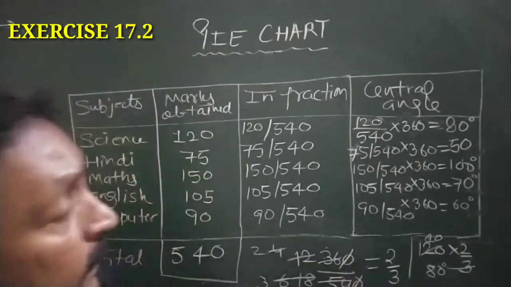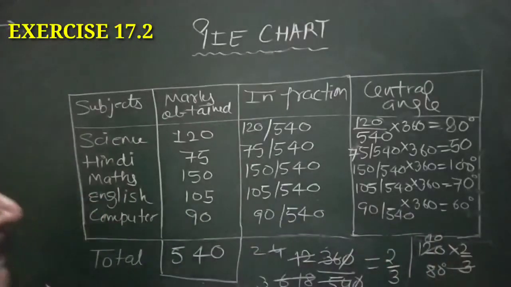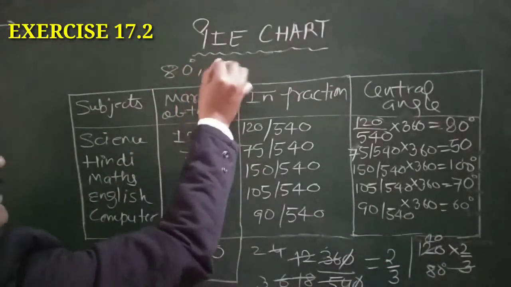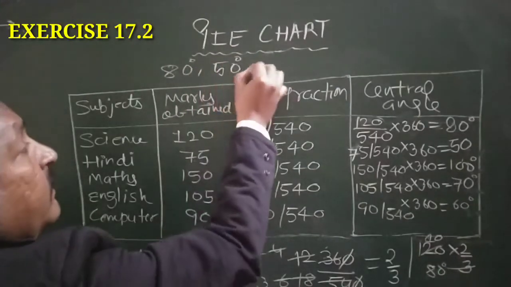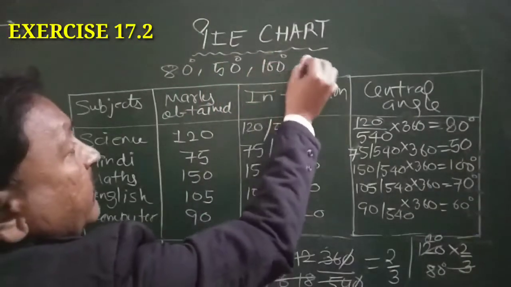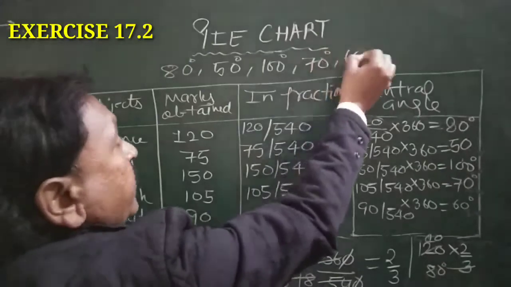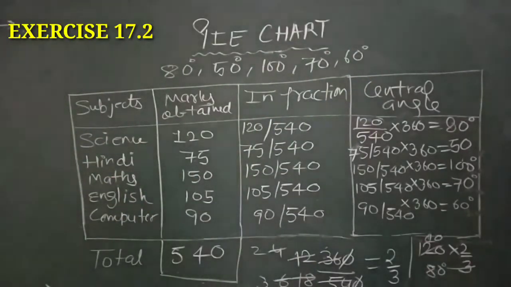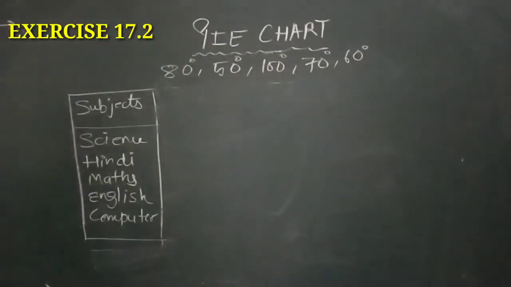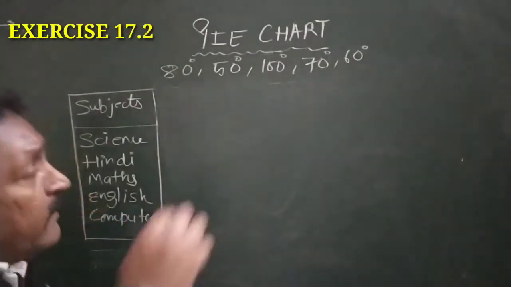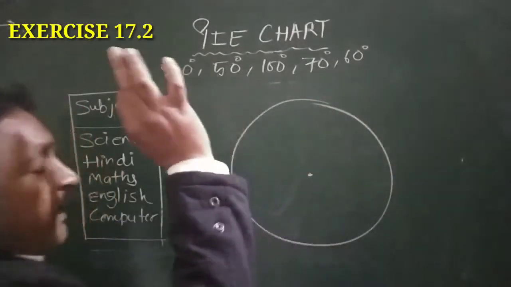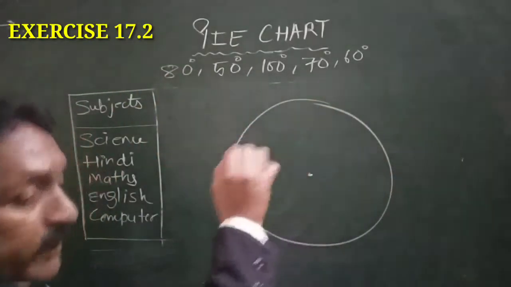And now we will draw this on our pie chart. So we have the angles 80 degrees, 50 degrees, 100 degrees, 70 degrees, and 60 degrees respectively for our subjects. Now we have to draw any circle of any radius. This is the center of the circle.